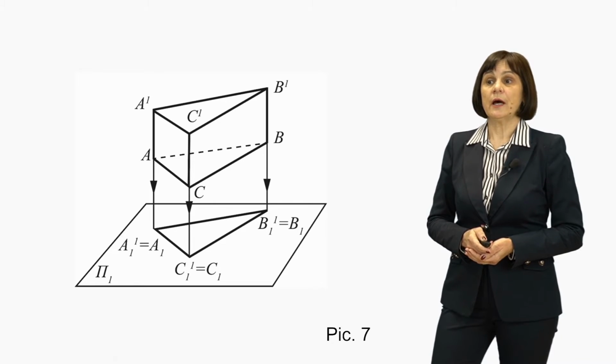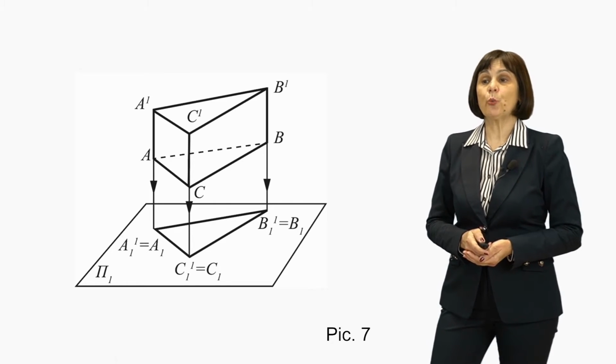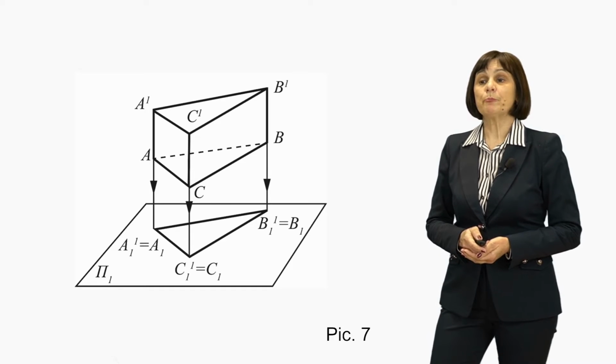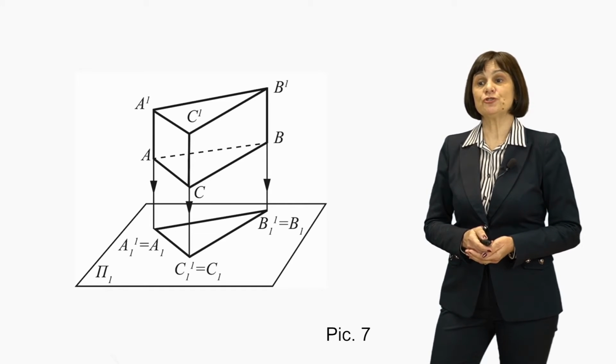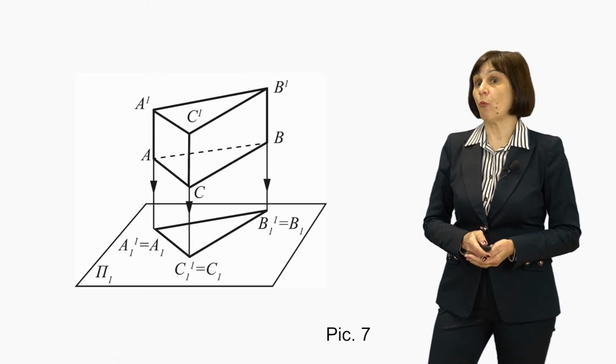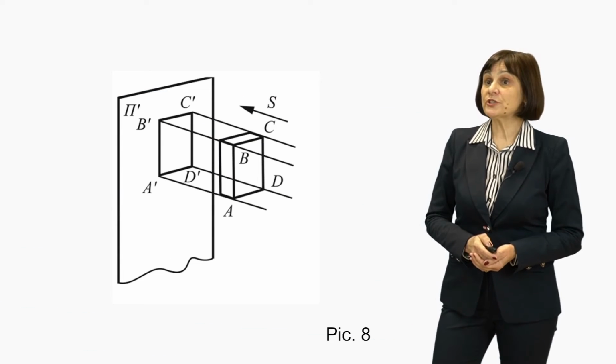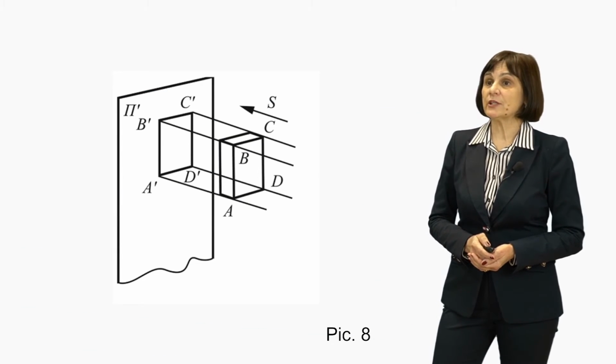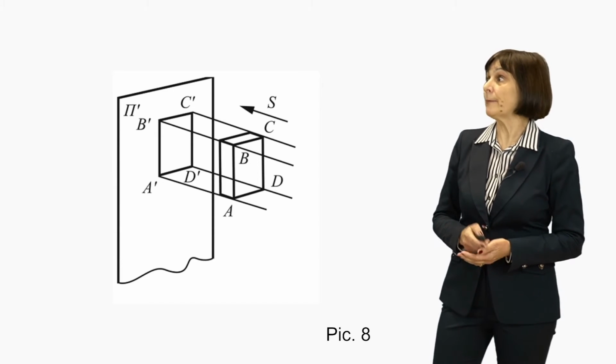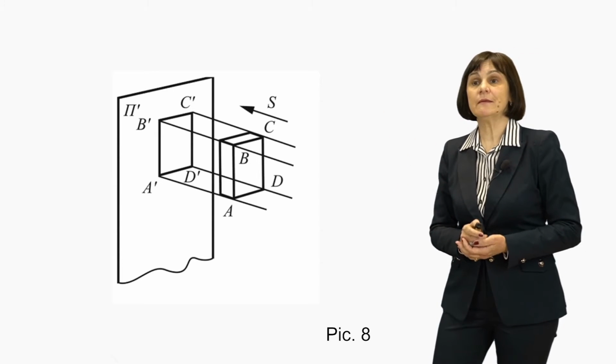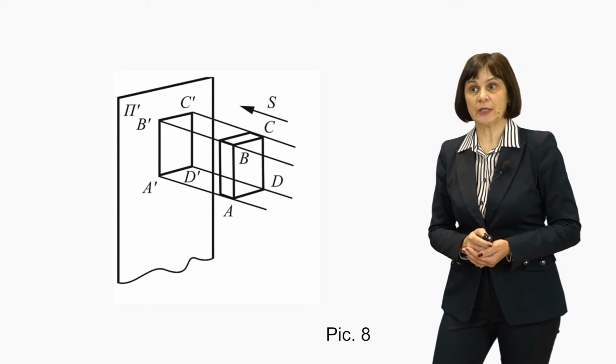A method that meets these requirements was proposed by the great French geometer Gaspard Monge. The Monge method is a method of rectangular parallel projection. You can see this method on our drawing.